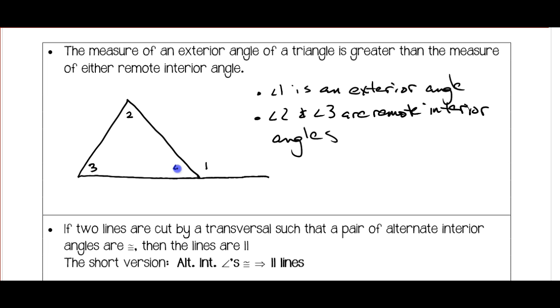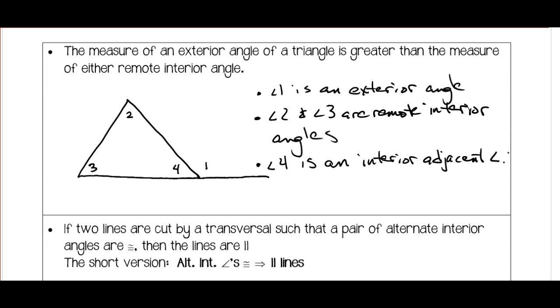Now, if I put a 4 over here, we've got the angle 4 is an interior adjacent angle. Okay, not so much important for this particular theorem, but something that's important to know.